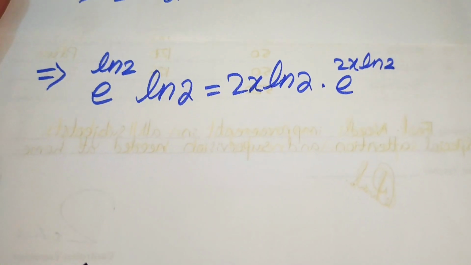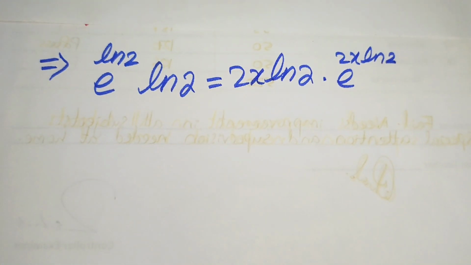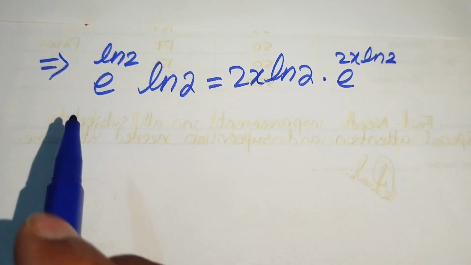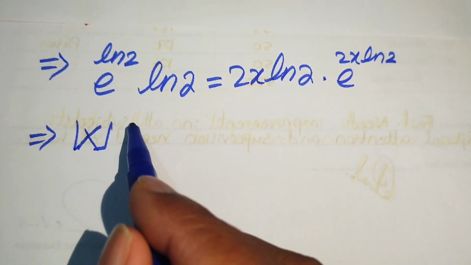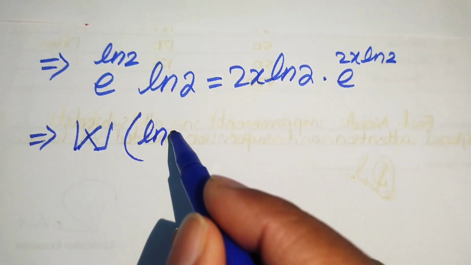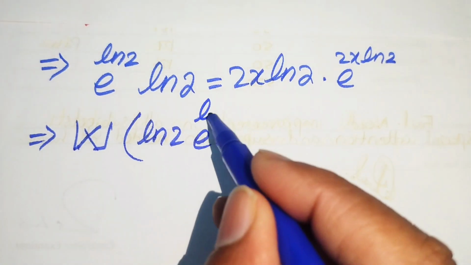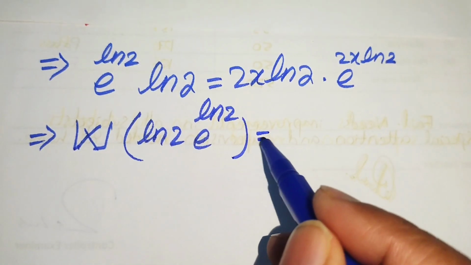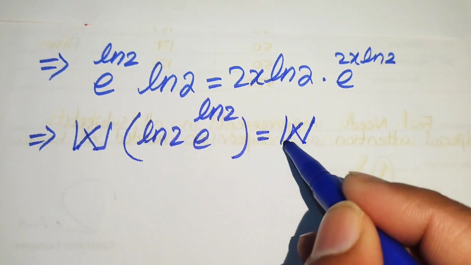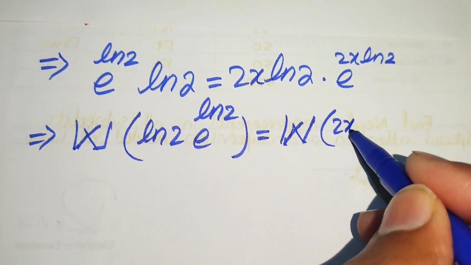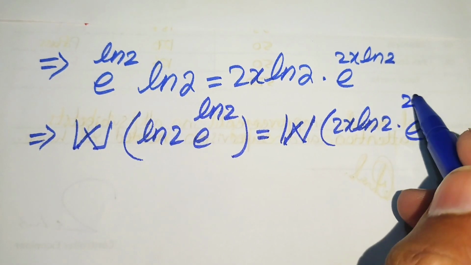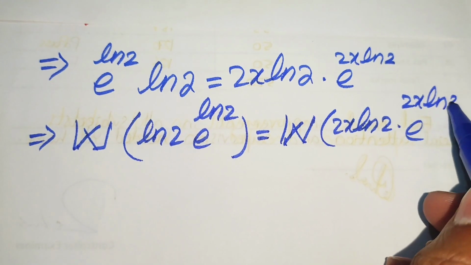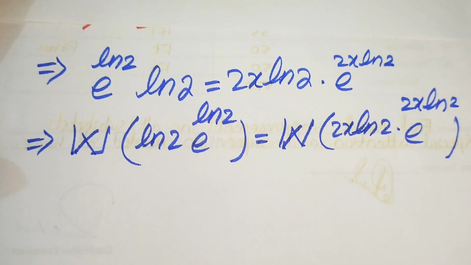Okay, so now we are ready to apply the Lambert W function on both of the sides. Here we apply the Lambert W function, and it will be written as W of log 2 times e to the power of log 2 is equal to W of 2x log 2 times e to the power of 2x log 2.